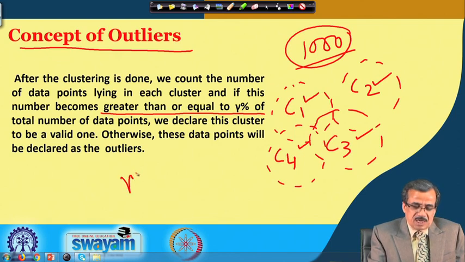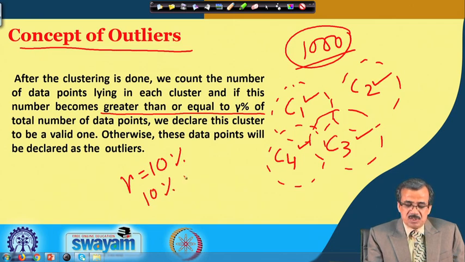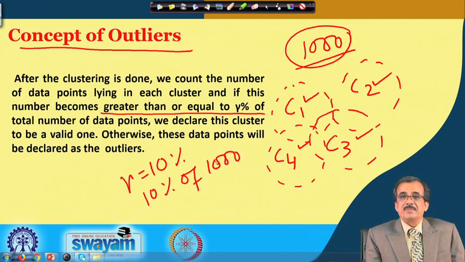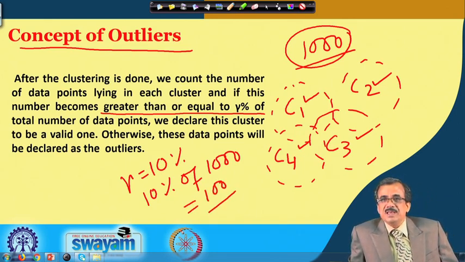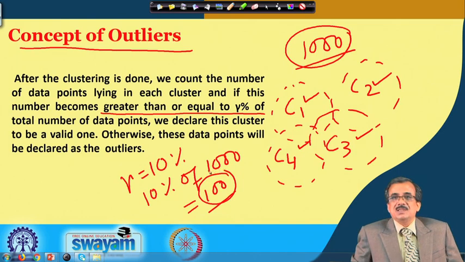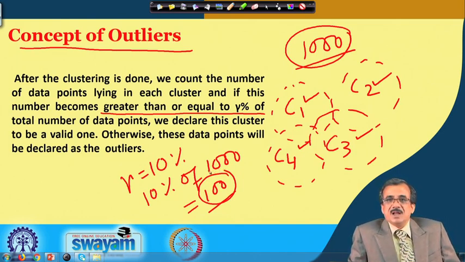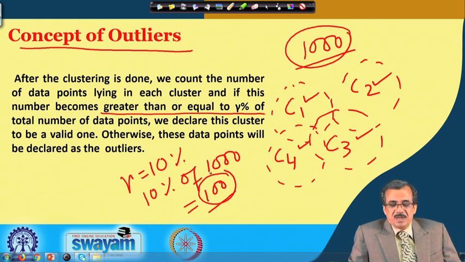Now, if I take gamma equal to 10%, that is 1/10 of your 1000, that is 100 points. That means, to declare a particular cluster a valid one, there must be at least 100 points in that cluster. Supposing that there are only 30 points in a particular so-called cluster, we define those 30 points as outliers, and we do not consider that cluster having only 30 points as a valid cluster.